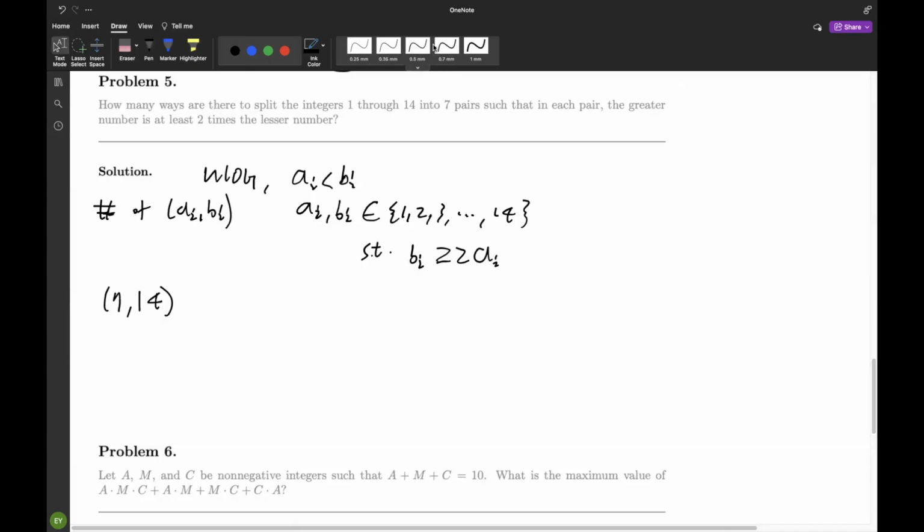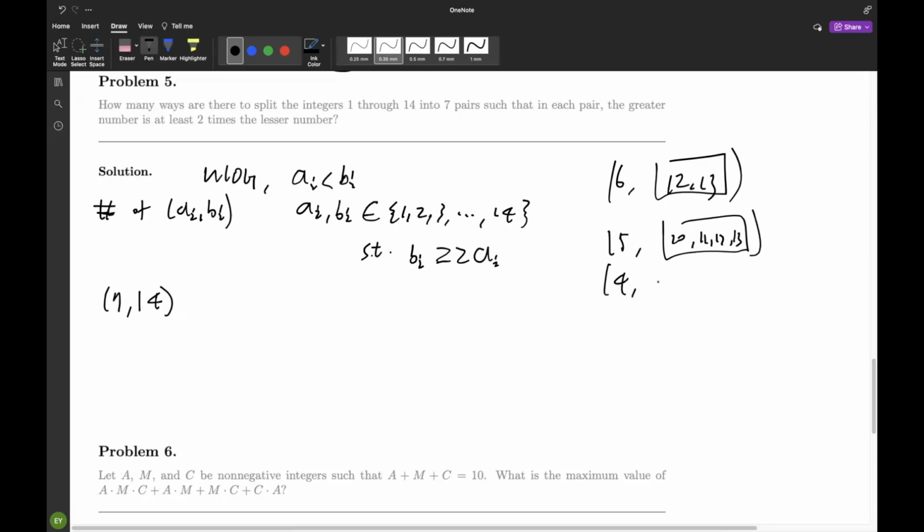However, now let's start counting. When we have 6 here, it is either 12 or 13, right? And 5 here is either 10, 11, 12, or 13. If it is 4, we have either 8 through 13.